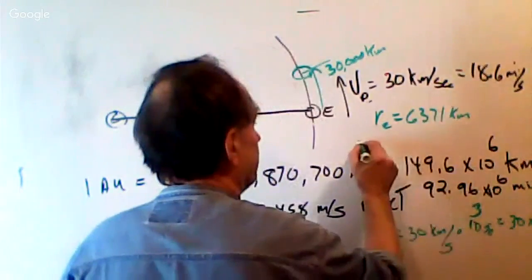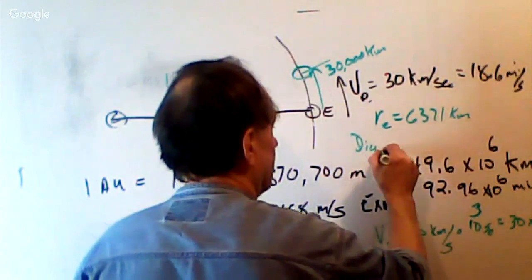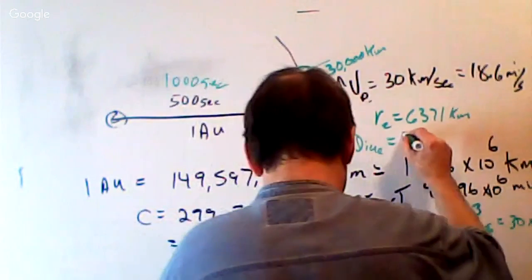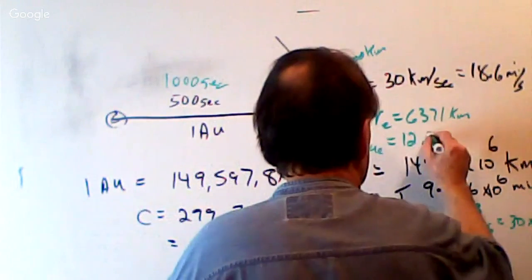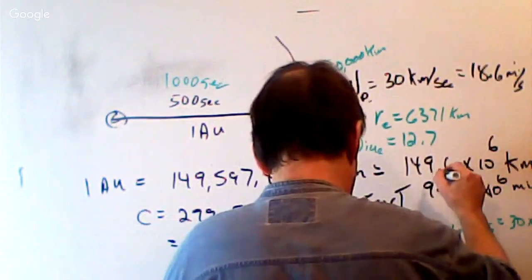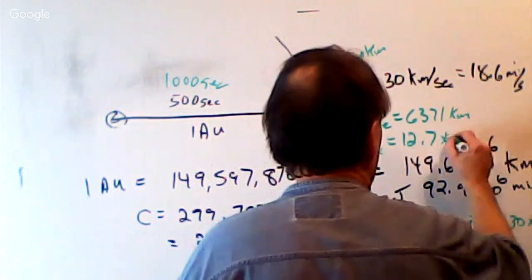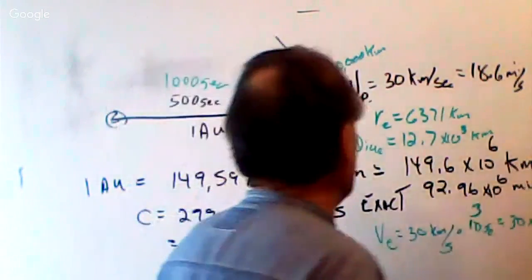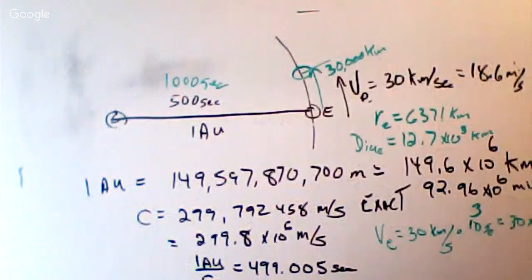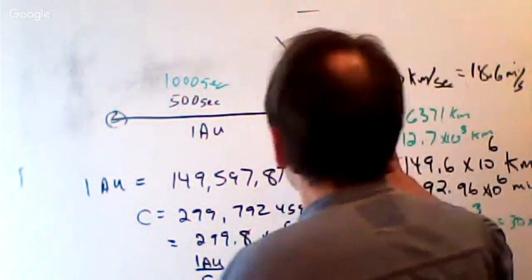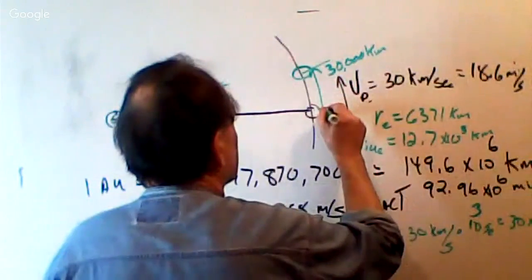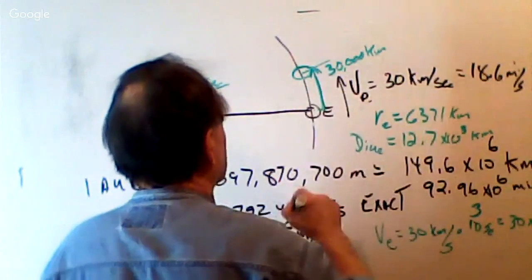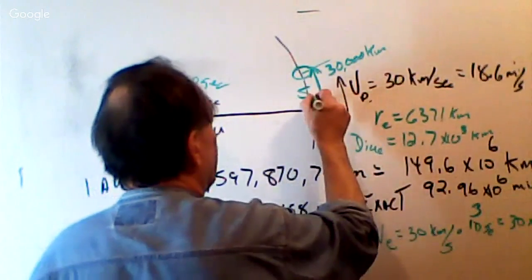So the diameter of the Earth is twice that, which is 12,700, or 12.7 times 10 to the third kilometers. We're just doubling that number. I'll call the distance that the Earth travels in 1,000 seconds SE.